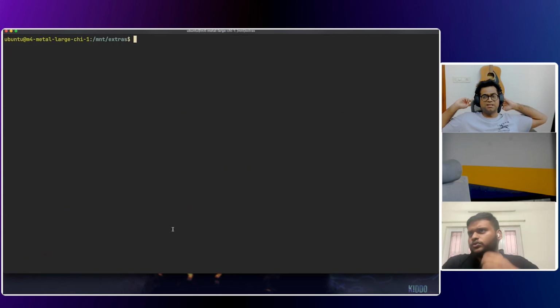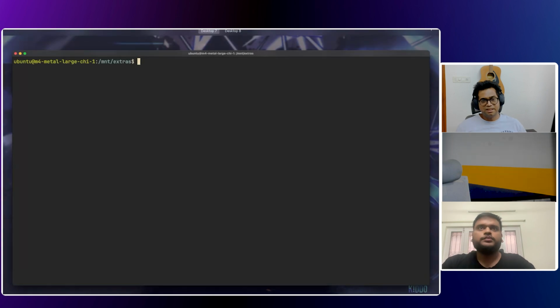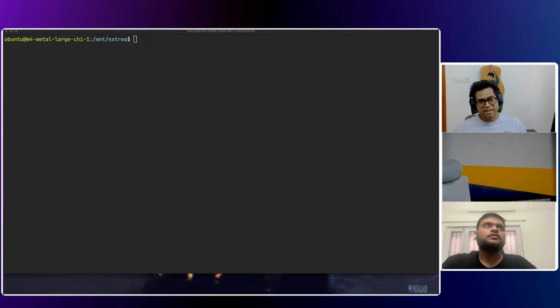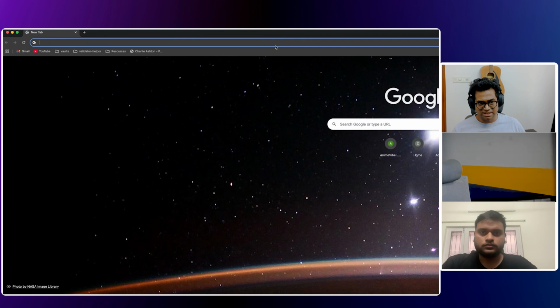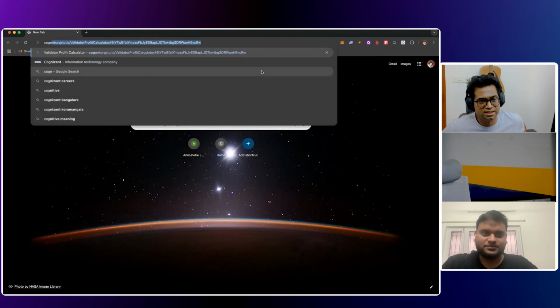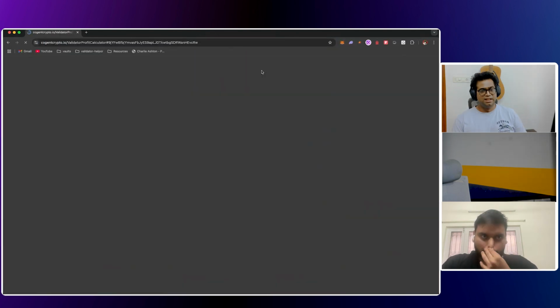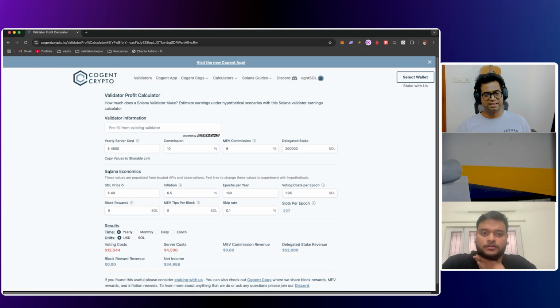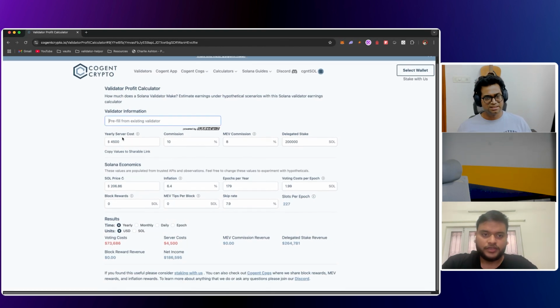We have the cost calculator from the Cogent Crypto thing, so let me pull that up. That would be worth showing for anyone considering running a validator. Yeah, exactly, we can show this, and maybe include server cost and do all the math here.